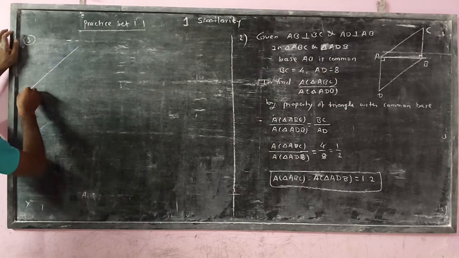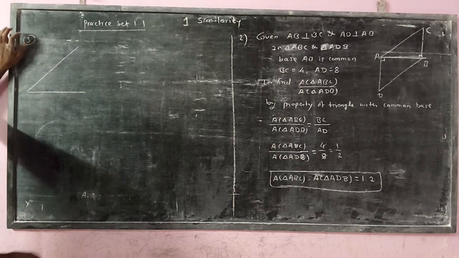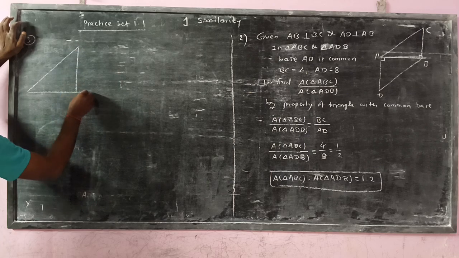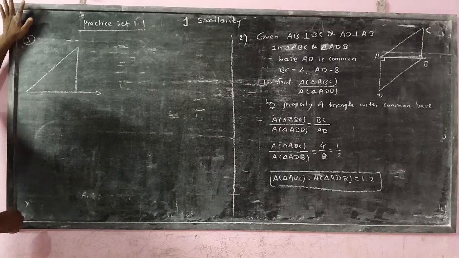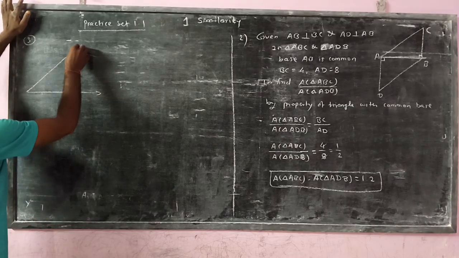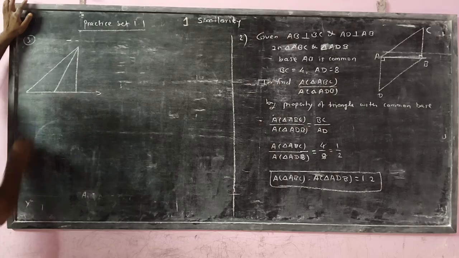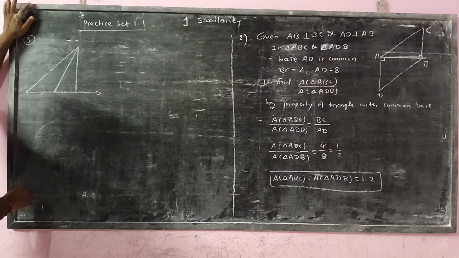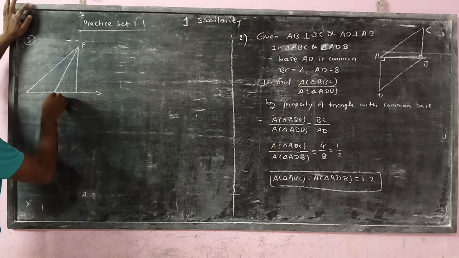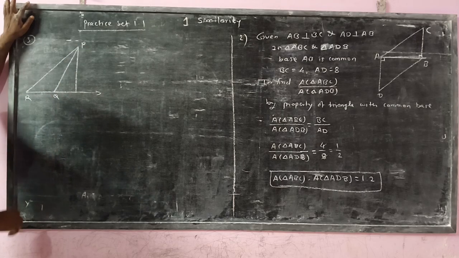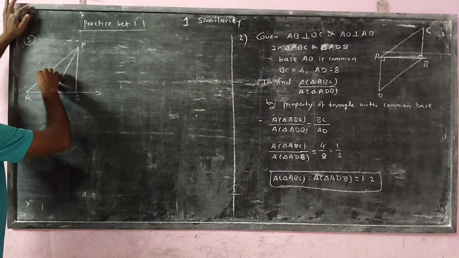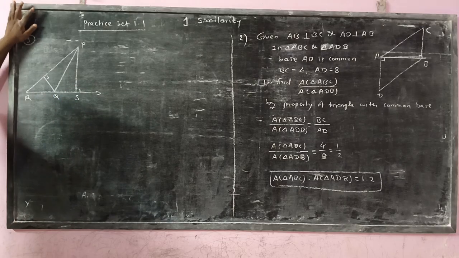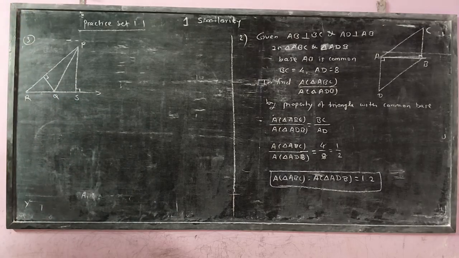The figure shows two triangles P, Q, R, S and the height of triangle T. This is also the height of triangles.